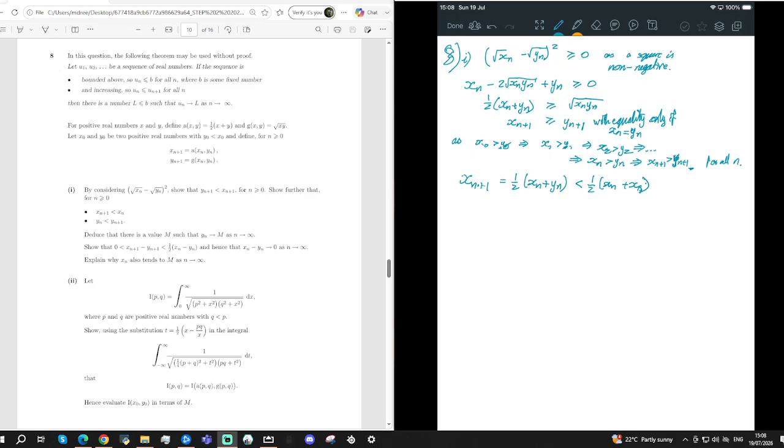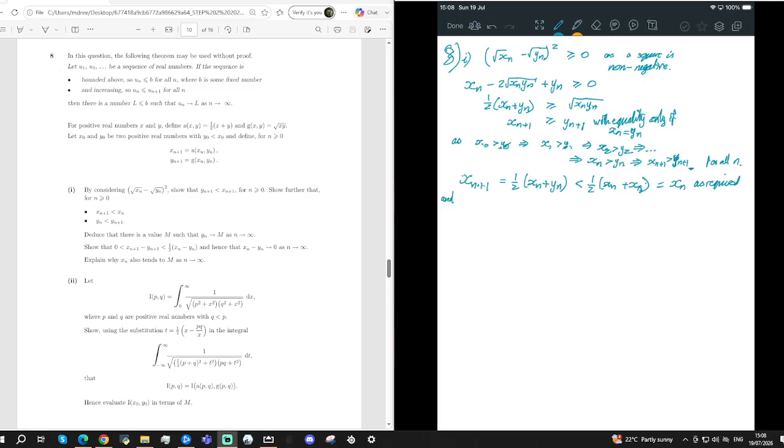Okay, but that's exactly what we wanted. I have just used the previous result there, that the xn is bigger than the yn. So this is equal to xn, as required.